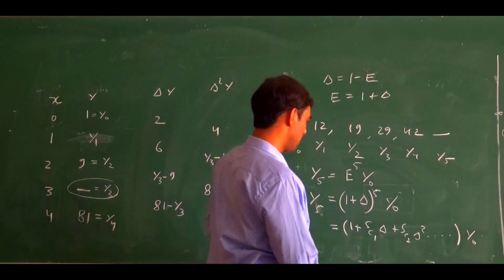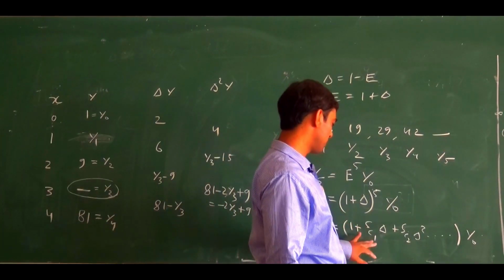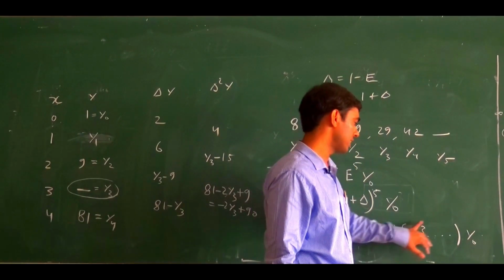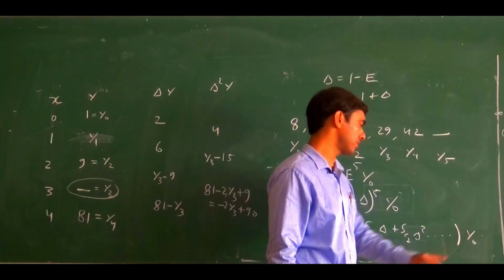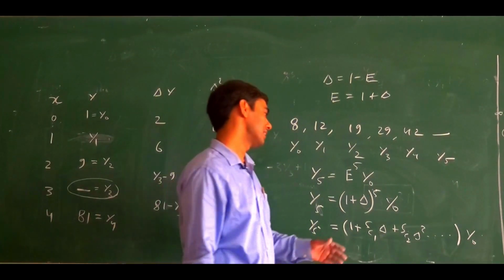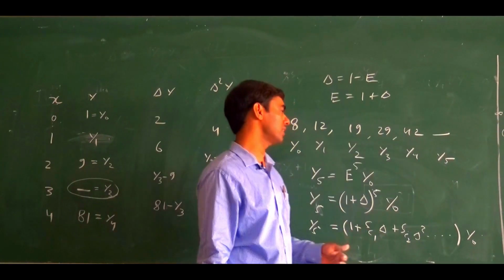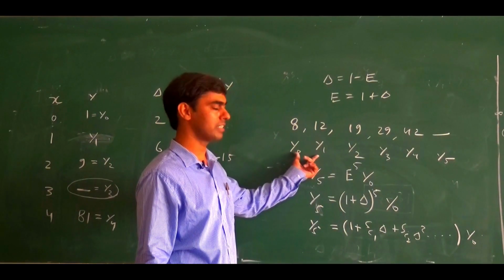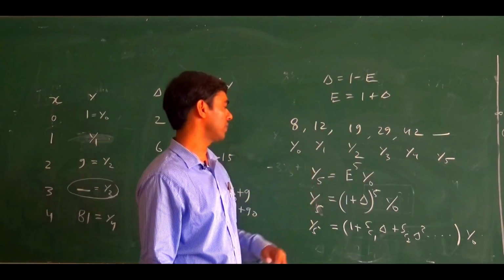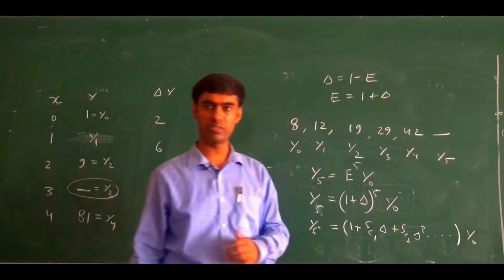So here we write y0 plus 5c1 of the first order difference, 5c2 of the second order difference, 5c3 of the third order difference, 5c4 of the fourth order difference. Then since y0, y1, y2, y3, y4 are given, we are able to find the first order differences: y1 minus y0, y2 minus y1, y3 minus y2, y4 minus y3.